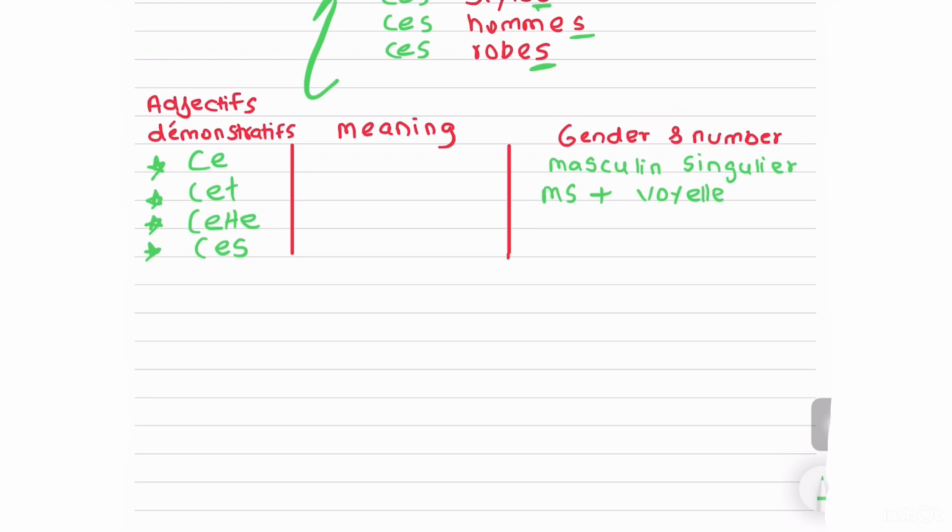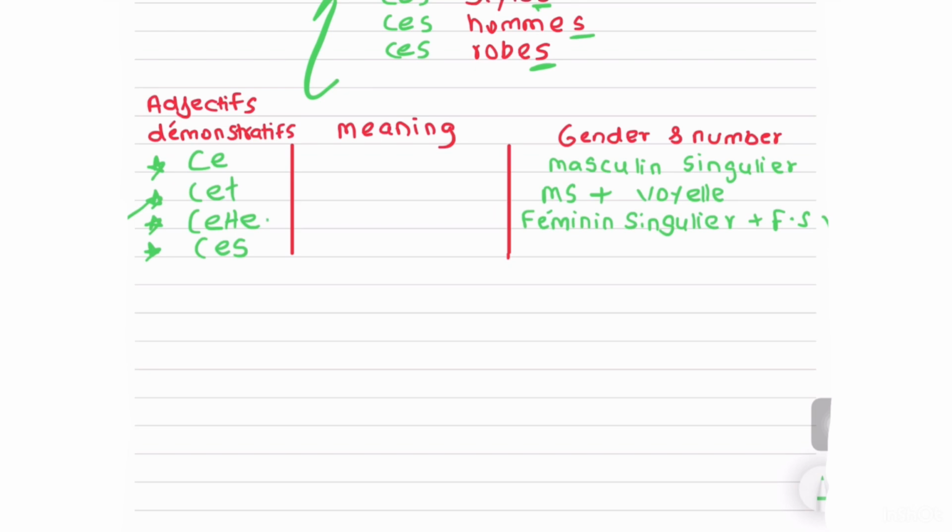It can be used for feminine singular and it can also be used for feminine singular vowel. For masculine we had 2, CE for masculine singular and CET for masculine singular vowel, but here both are done with the same adjectif démonstratif, CETTE.